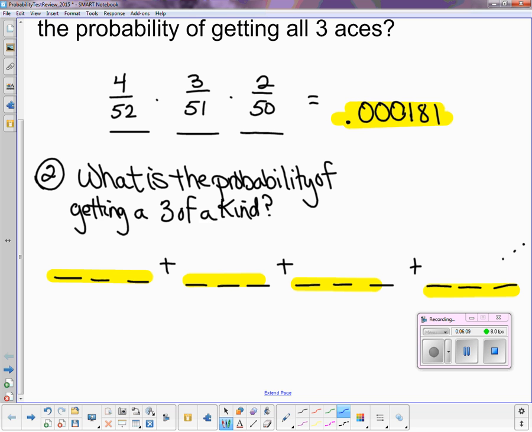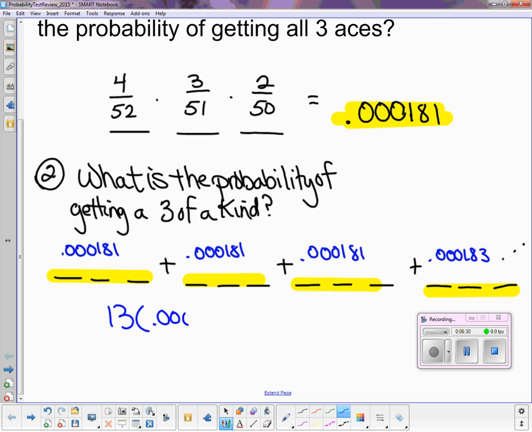So each of these, when I multiply them all together, is going to be this. How many of these 0.000181s do I have? 13 of them. And when I add 13 things together that are the same, isn't that the same as just multiplying by 13?